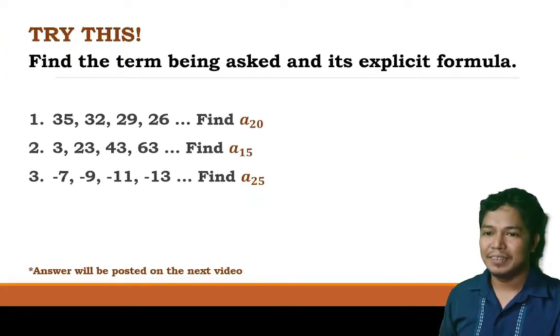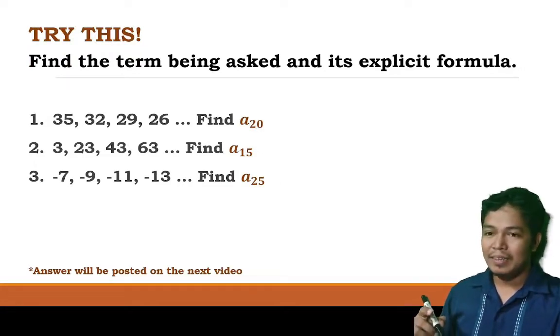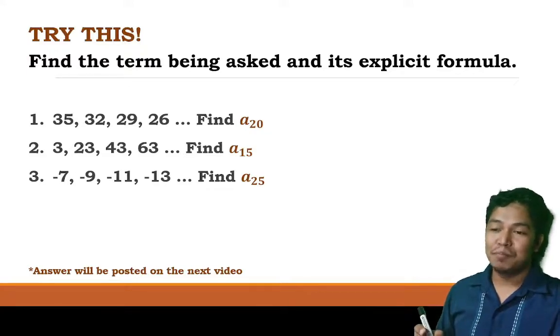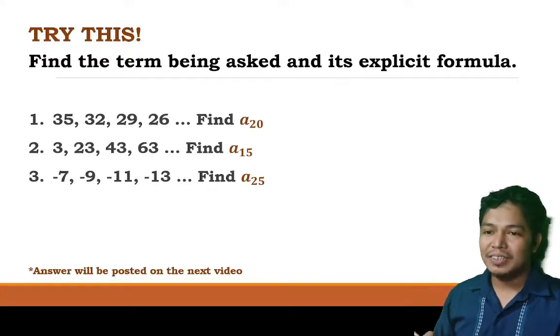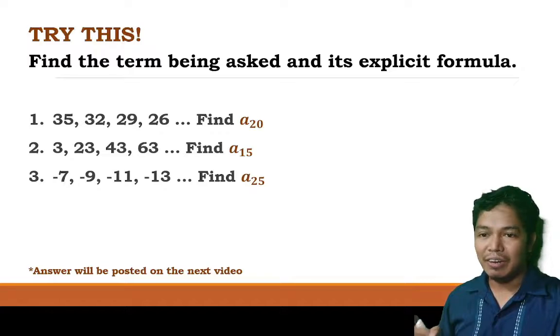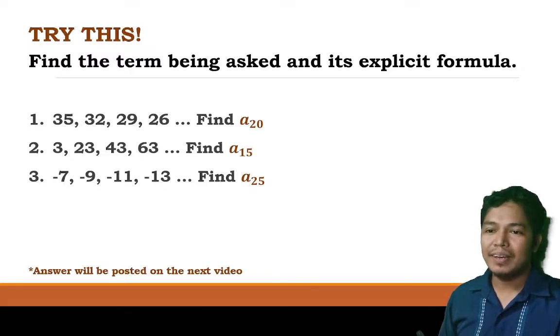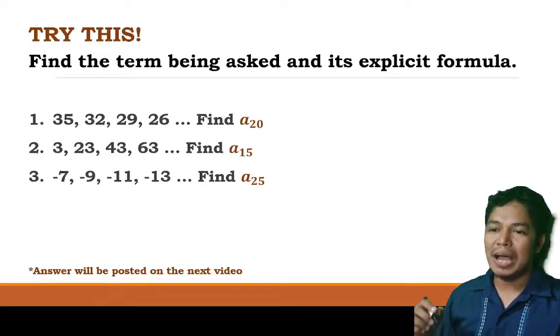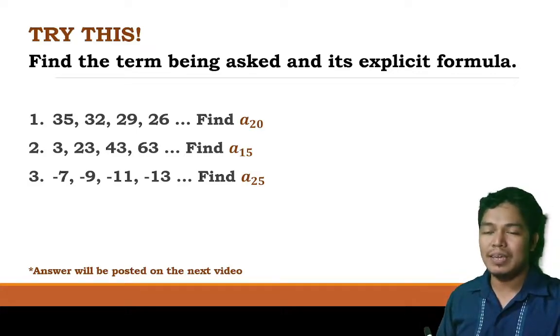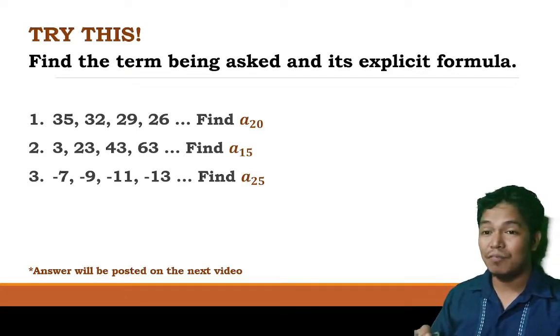Next, you need to try this, and this will be your task to do after watching this video. Number 1 is 35, 32, 29, 26, and you have to find a sub 20 and its explicit formula.